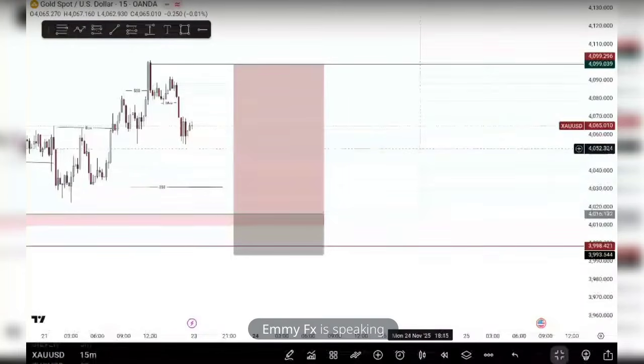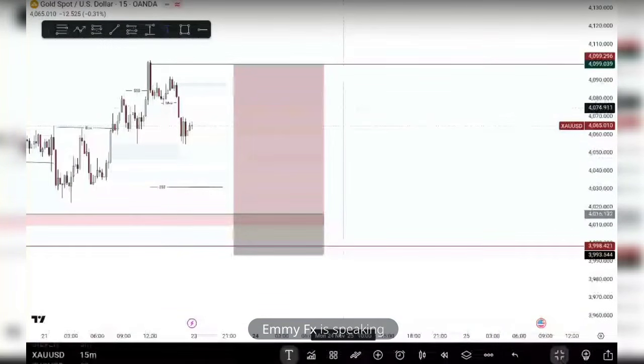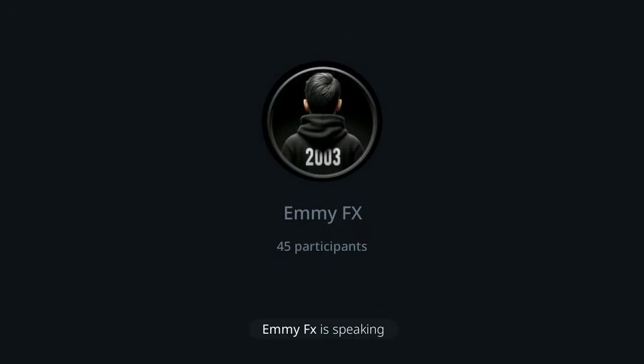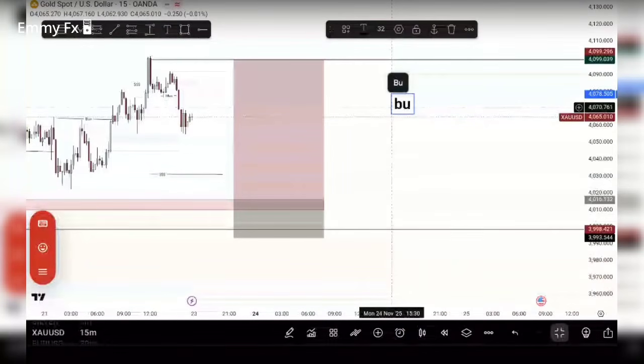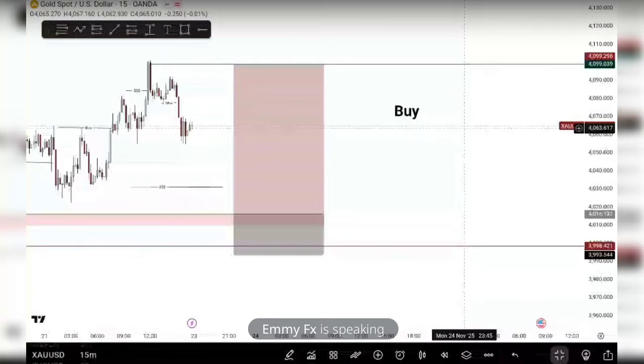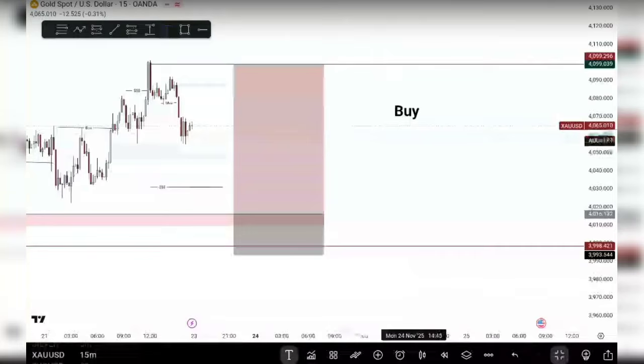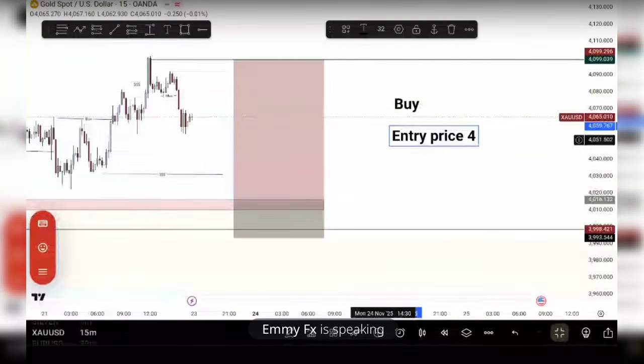So I'm going to call out the entry price, the stop loss from here, and you can also take your profit from this zone. From the buy coordinates, our entry price is 4016.132.